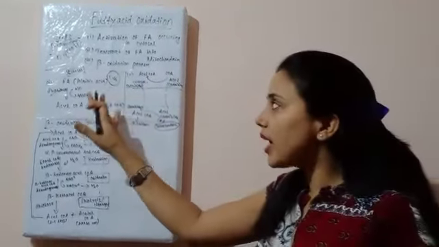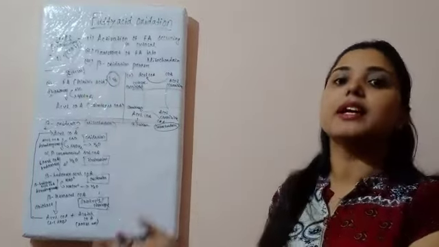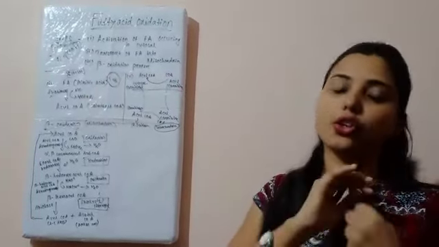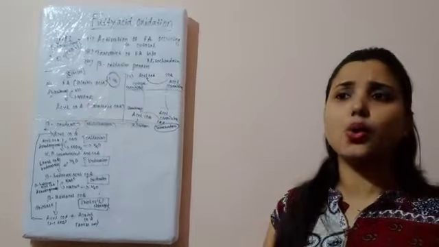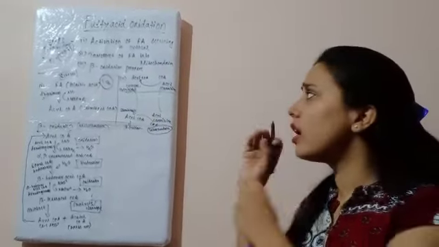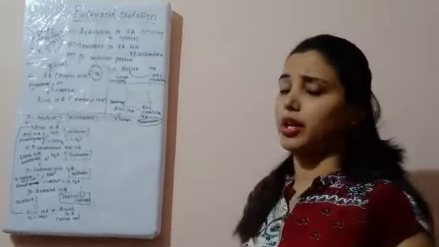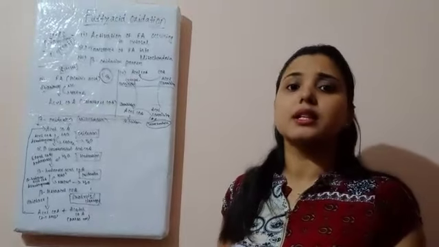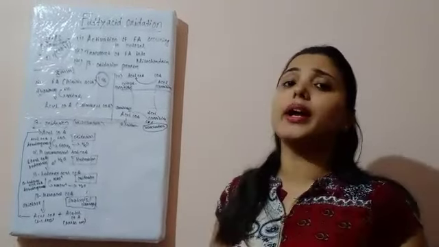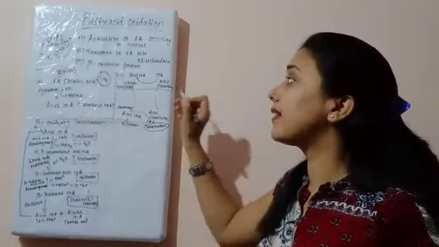Now, in the second step, the acyl-CoA is transmitted to the mitochondria. But acyl-CoA cannot be transmitted into the mitochondria by itself, so it takes the help of carnitine.